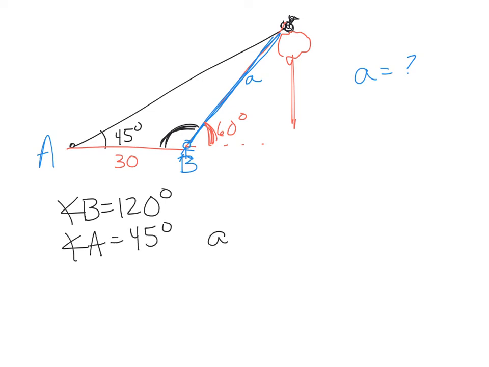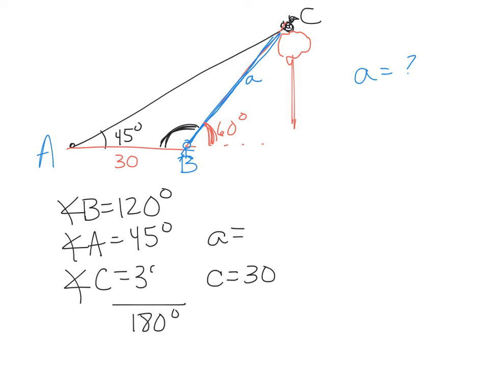We're looking for side A, and we have angle C up there. We know side C is 30, and we can find angle C because angle C has to make all of our angles add up to 180. So angle C will be 15 degrees.